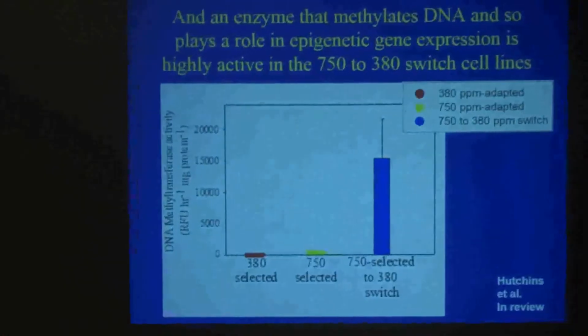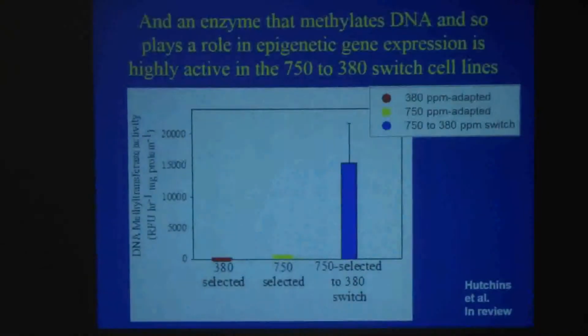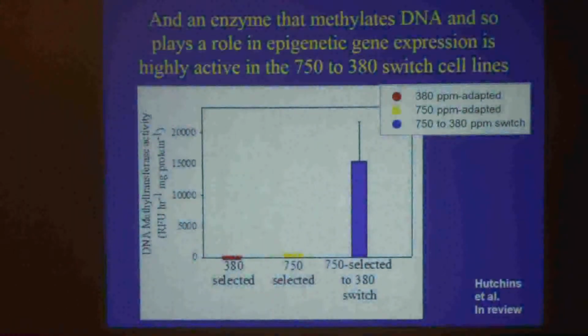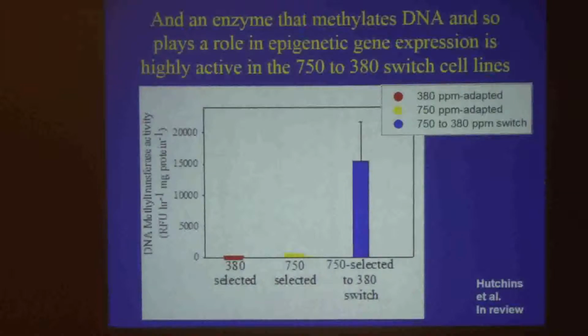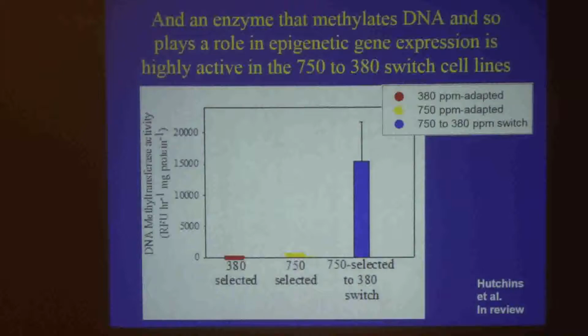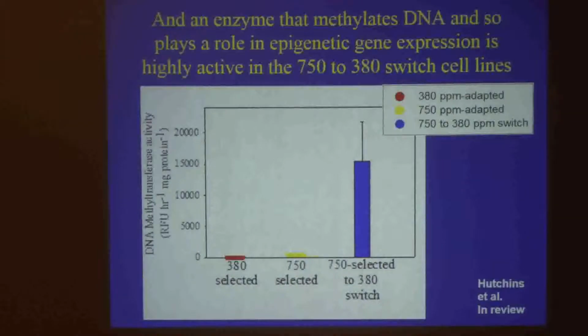And then finally, another thing we noticed in these cell lines that really sticks out is we did some enzyme activity assays. This was based on something we saw in the transcriptome. I'm not going to show you that. What we did is we bought a kit that examines methylation of cytosine residues in DNA. And in eukaryotes, it plays a role in epigenetic gene expression.